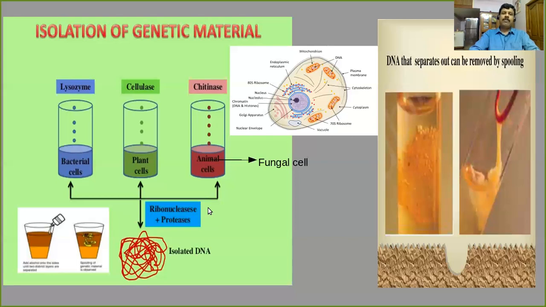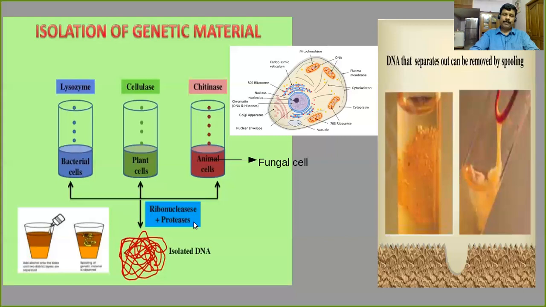Finally, we have to treat it with the ribonuclease enzyme. As a result, the RNA can be removed. And again, you can treat with the enzyme called protease for the removal of protein.